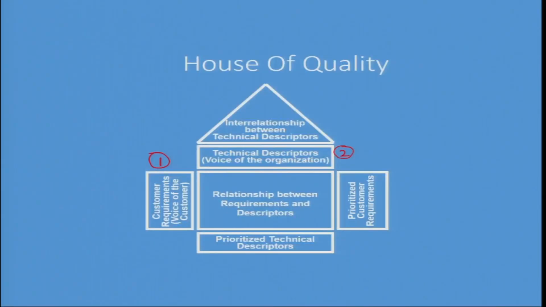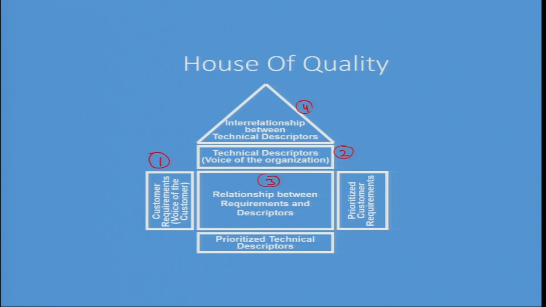Then we develop the relationship between the two, the relationship between the requirements and the descriptors. And then we also develop the interrelationship between the technical descriptors. Then we compare our product vis-a-vis competitors' products or alternative products with respect to the customers' requirements, the voice of the customer, and see where our product stands with respect to the competitor.